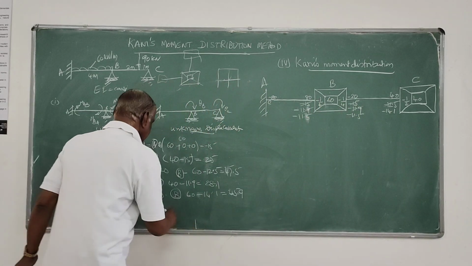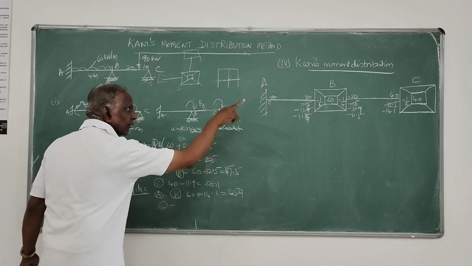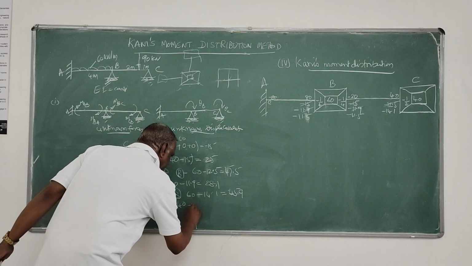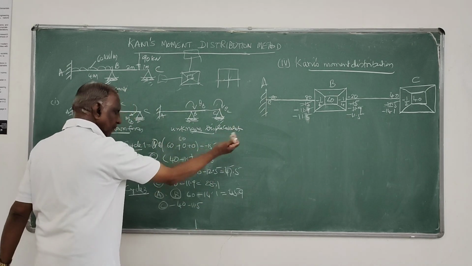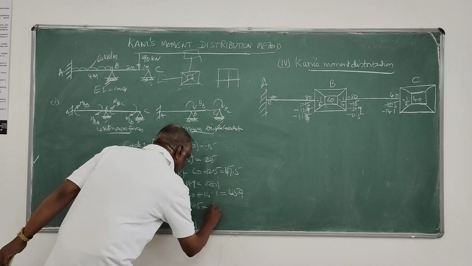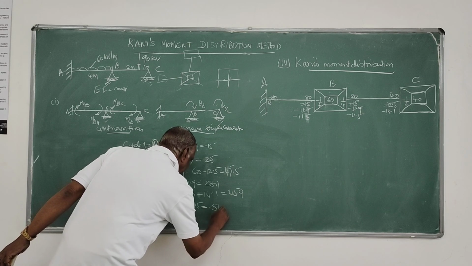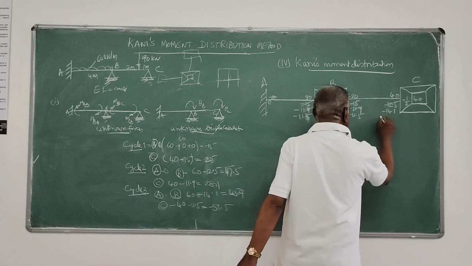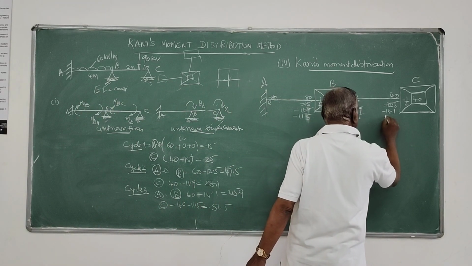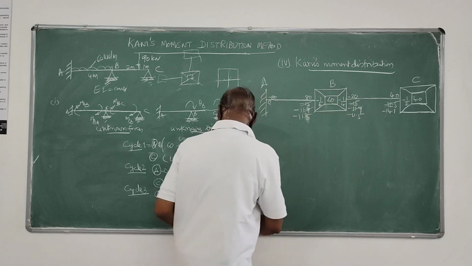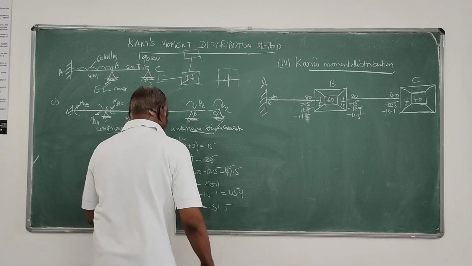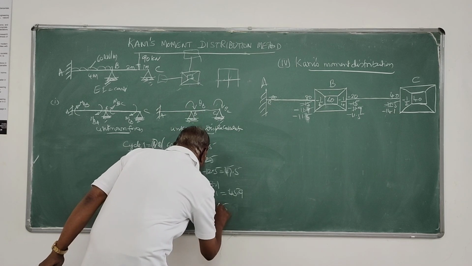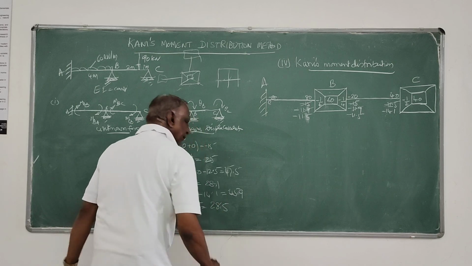Next, coming to joint C, sum of the fixed end moment 40. Then minus 11.5, that's only the forward moment, rotation contribution. So that's 40 minus 11.5, that is 28.5.